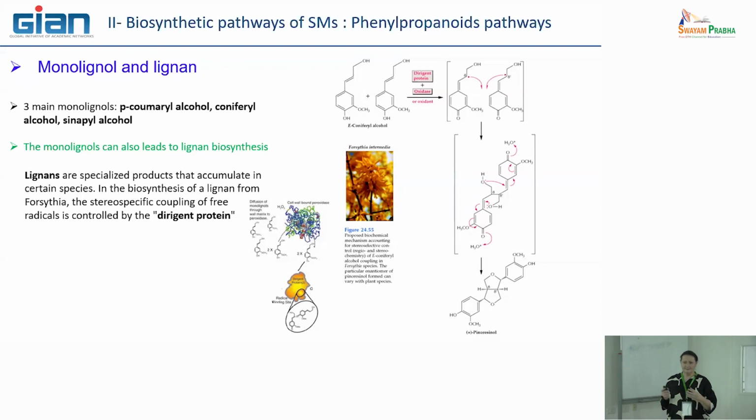This biosynthesis is catalyzed by several enzymes, but they need to be helped by a new category of protein, named dirigent protein.